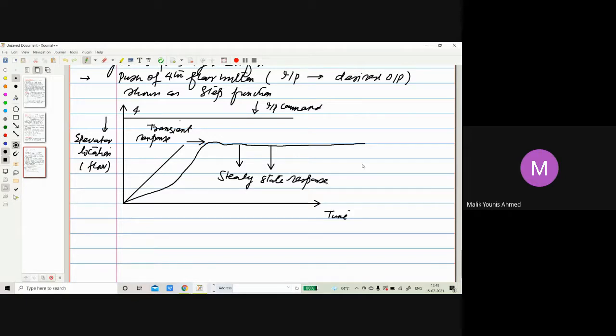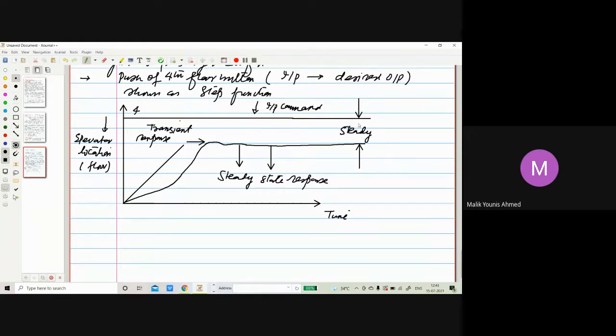Now the elevator has moved to the fourth. Now I'm drawing a larger distance between the expected and this one, but just to show you, for the sake of the error, because I have talked about the error. Okay. So the difference here and the difference here is nothing but your steady state error.